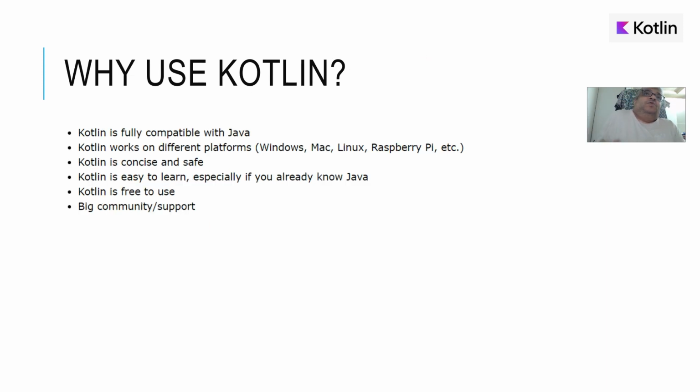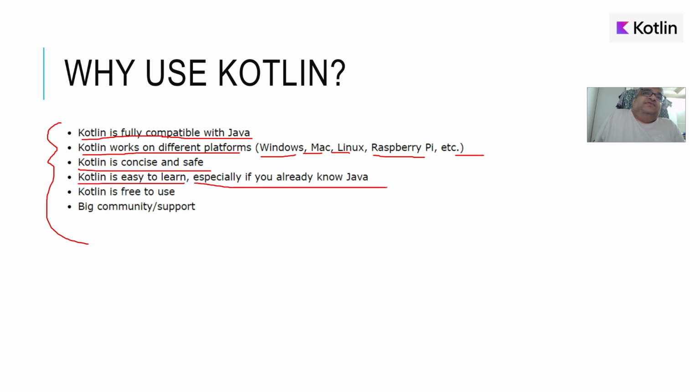Okay, so why use Kotlin? These are the important reasons. Kotlin is fully compatible with Java. Kotlin works on different platforms like Windows, Mac, Linux, and even on the Raspberry Pi. Kotlin is concise and safe, and easy to learn, especially if you already know Java.